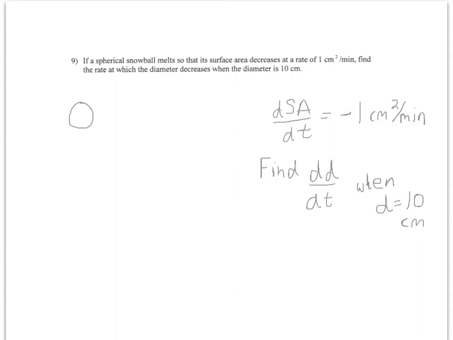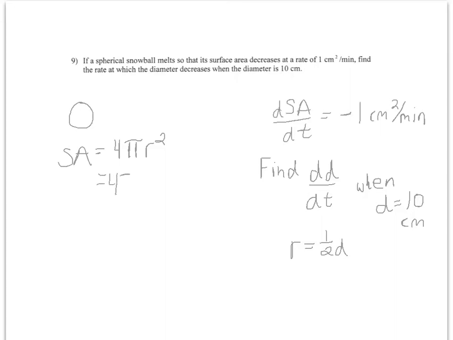So we want to write an equation that relates all of these variables. And if you Google the surface area of a sphere, we get the equation SA equals 4 pi r squared. However, in this equation, we're not dealing with the variable r, we're dealing with diameter. So what we want to do is replace r with 1/2 d, since r equals 1/2 d.